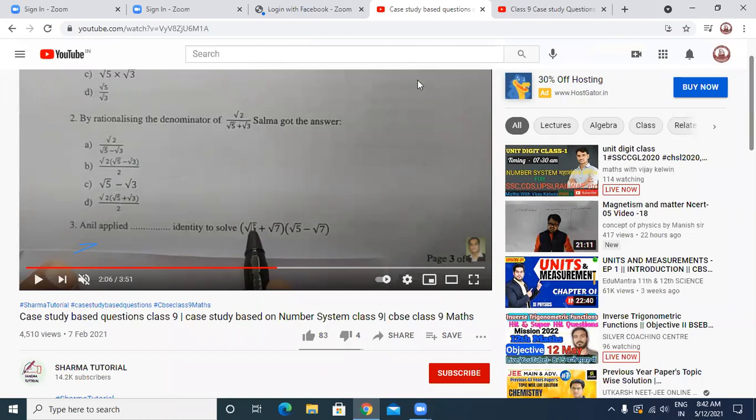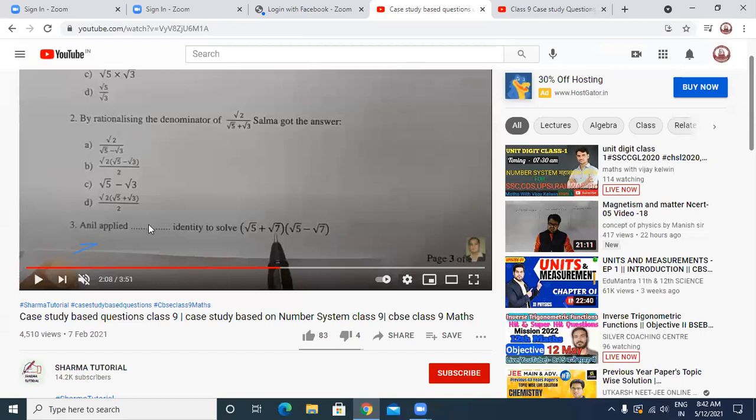Okay, now the next is, Anil applied dash identity to solve this. Root 5 plus root 7, root 5 minus root 7. But which identity you will use? As you can see that opposite sign is given. This is your a plus b, this is your a minus b.